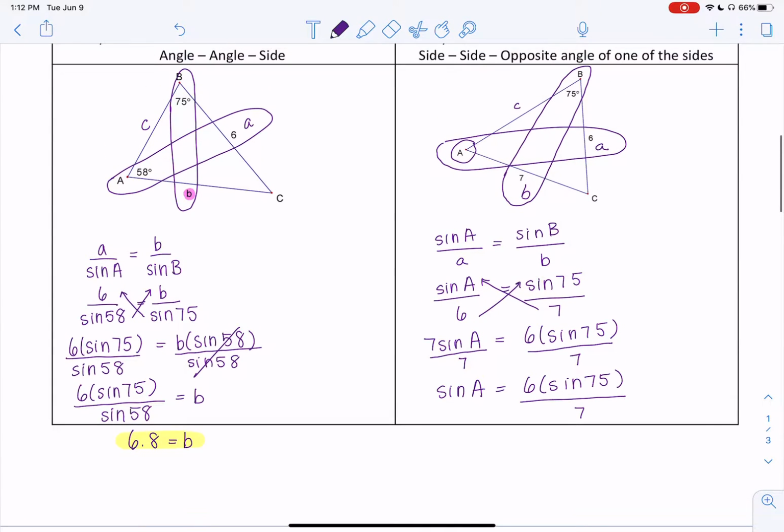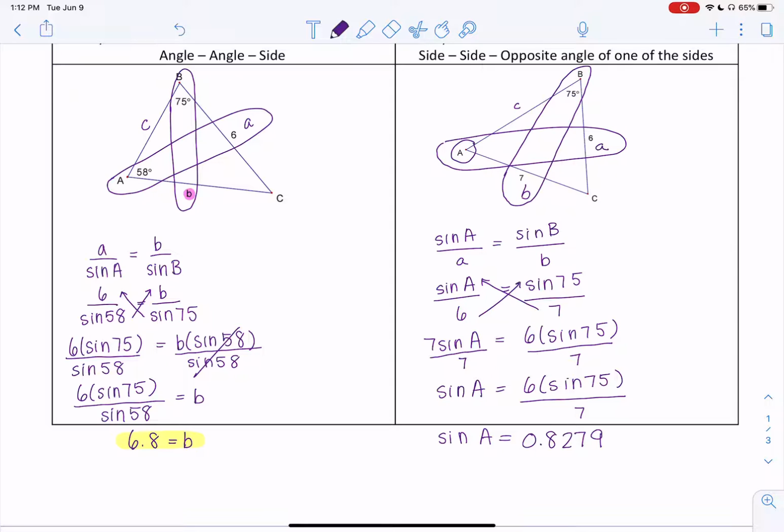So I'm just going to put that into my calculator. 6 sine 75 divided by 7, and that will give me sine A equals 0.8279.